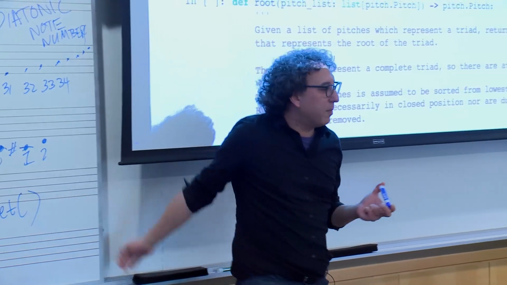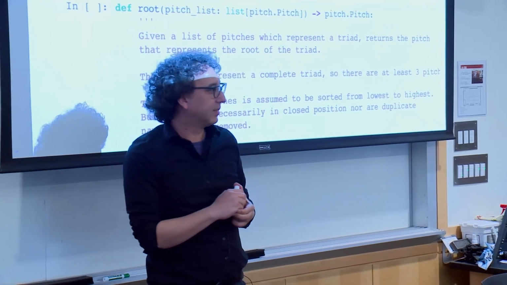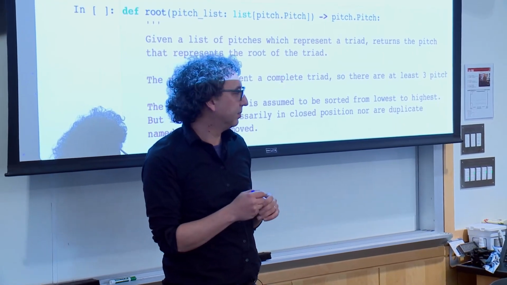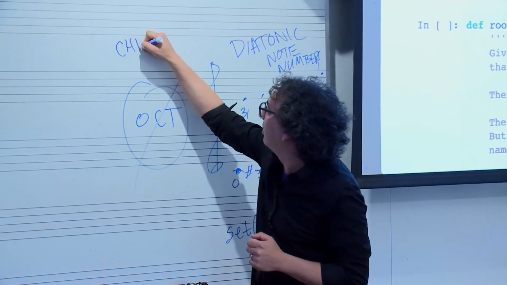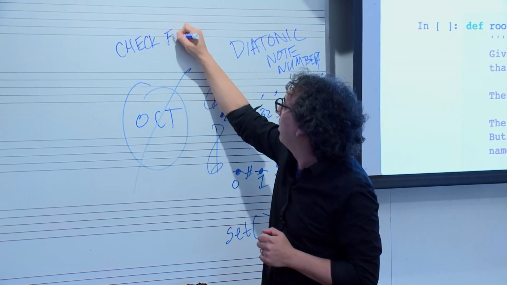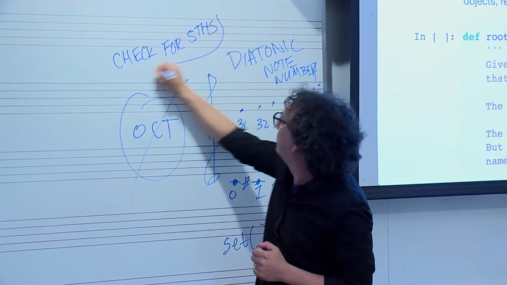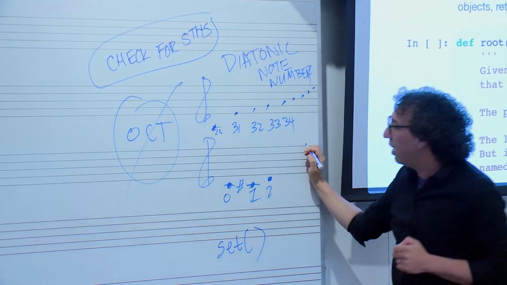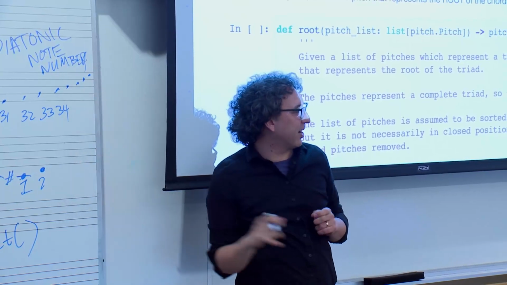Good. Now, what are some other techniques that we did on rootness? Yeah. Check for fifths. Good. Check for fifths. Which one of these do you think works better for checking for fifths?